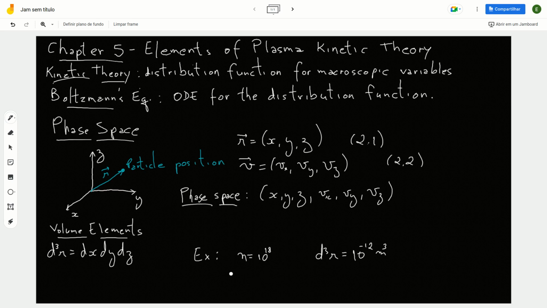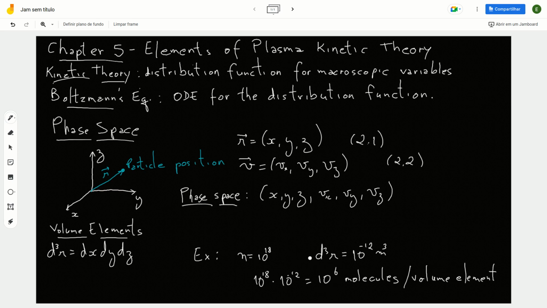Then we would have 10 to the 18 times 10 to the minus 12. That'll be 10 to the 6 molecules per volume element, which is still a large number.